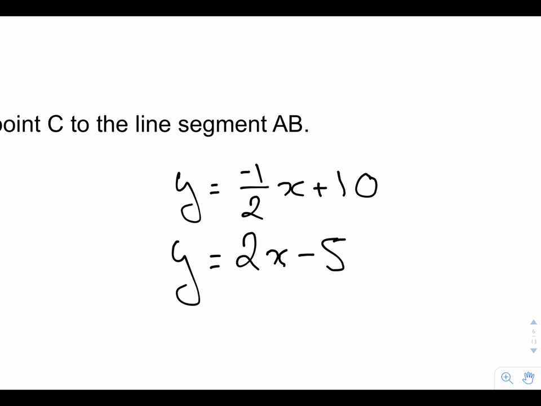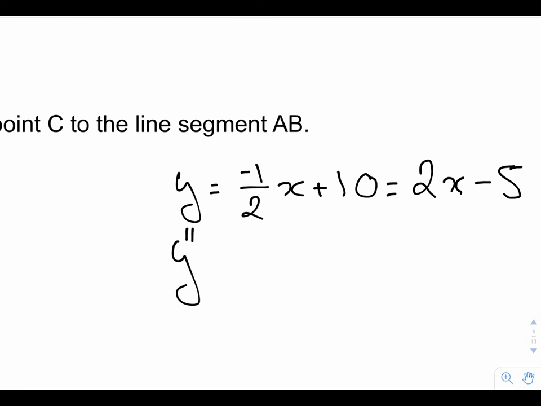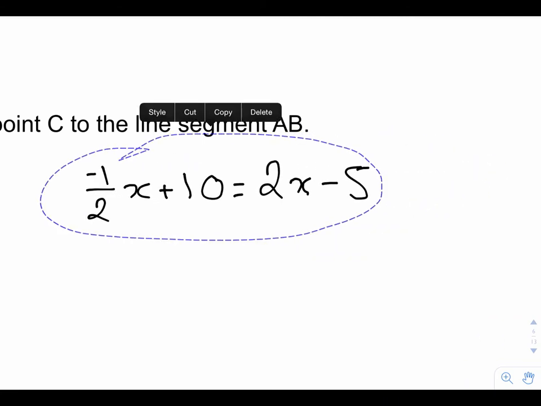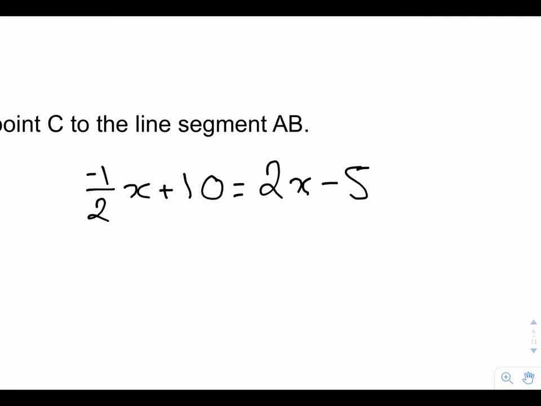And if they are both equal to y, then the expressions are equal to each other. This equation here is equal to this one, and I don't need any y over here. I can just use this equation involving x, and once I've solved for x, I can solve for y.